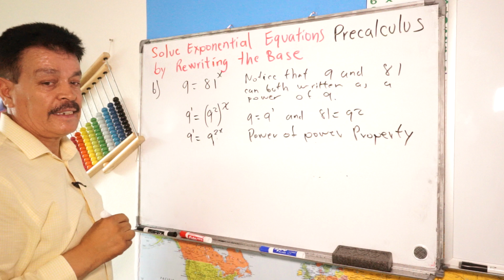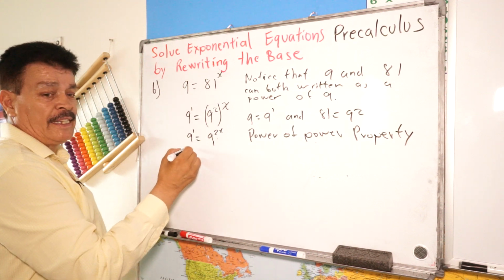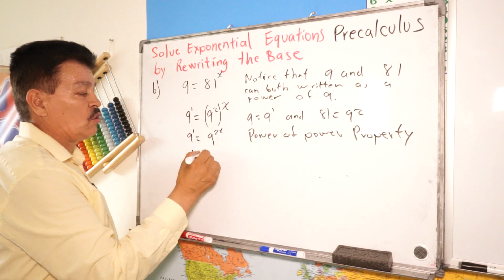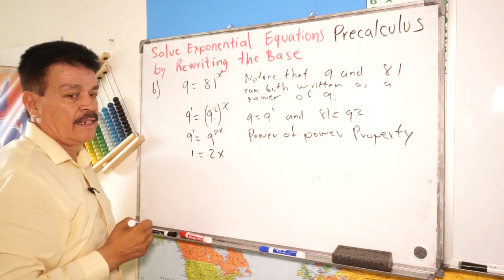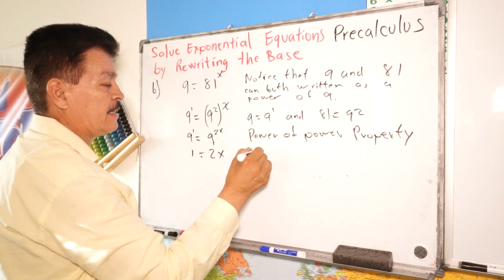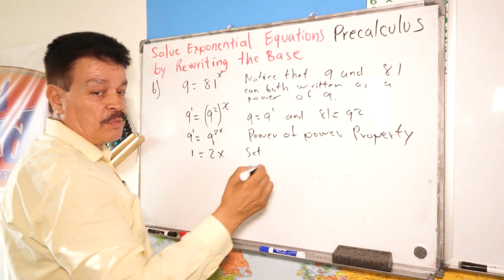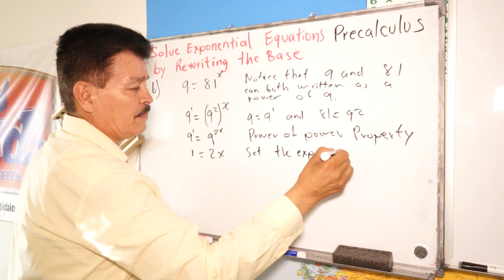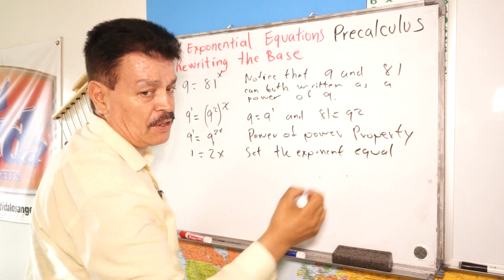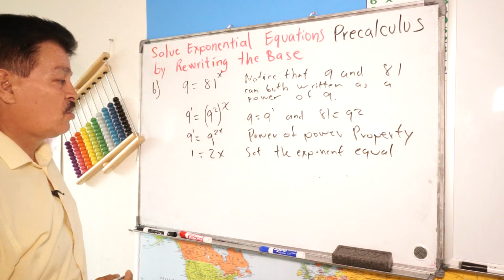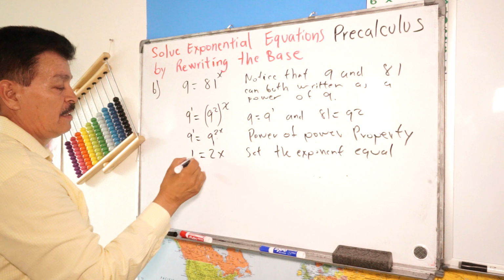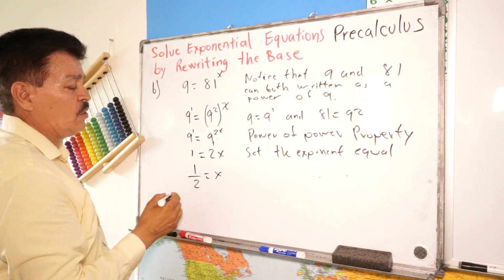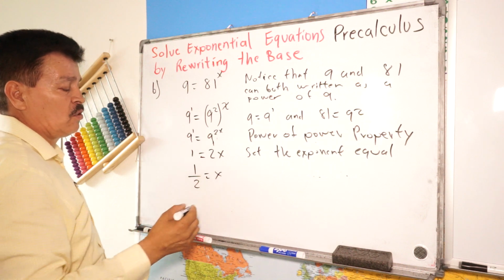Alright, so the next step. Here we're going to have 1 equals 2x. So here we set the exponents equal. So now we have 1 equals 2x, or 1/2 equals x.